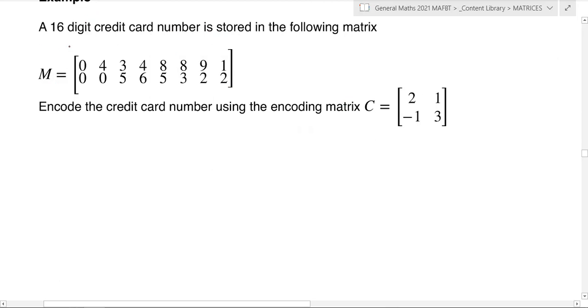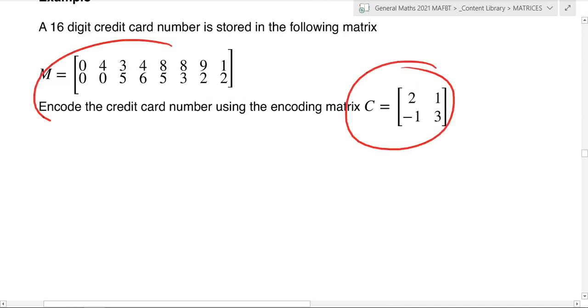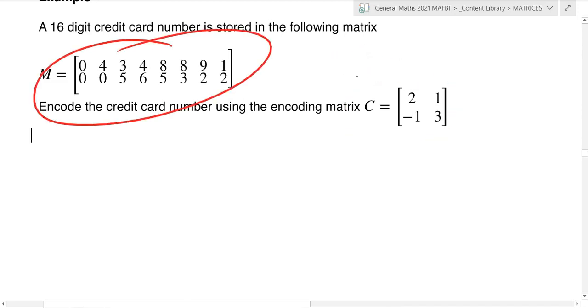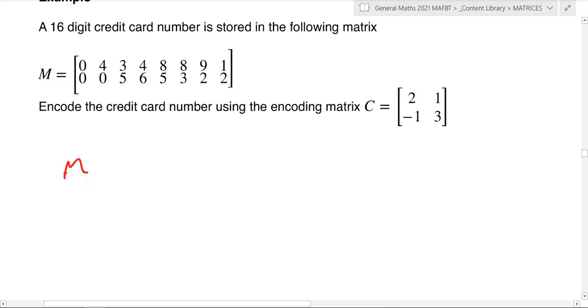So we've got this 16-digit credit card, and we want to encode the credit card using the coding matrix. Okay, so the way we do this is we multiply both matrices. Now you might think, all right, so am I going to go M times C? Well, if you think about it, if you try to multiply these two together, it's not going to work. Why?